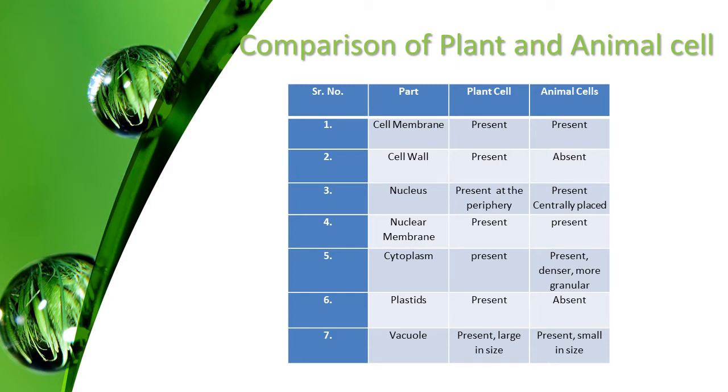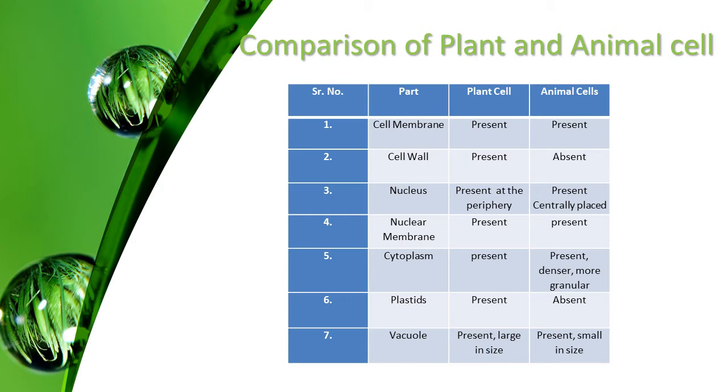In plant cell, it is present at the periphery due to presence of a large centrally placed vacuole. And in animals, the nucleus is located centrally because in animal cells there is no large centrally placed vacuole. Instead of such a large vacuole, there are a few small sized vacuoles, right?